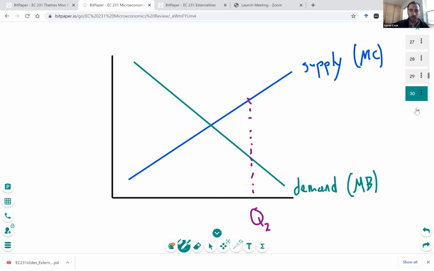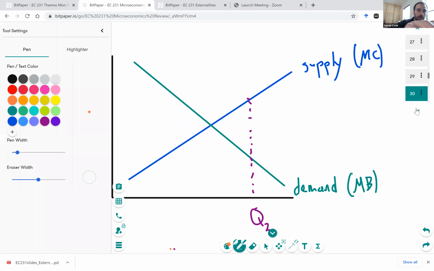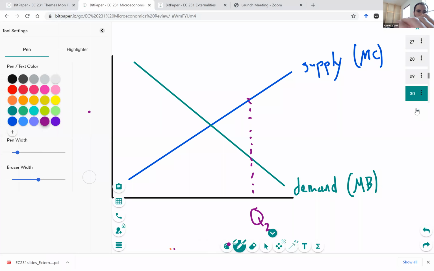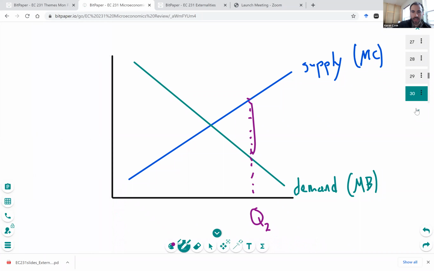Same thing can be true if you've overproduced something. If we have a quantity like Q2 where the marginal cost is a lot higher than the marginal benefits, then you're throwing away resources for each of these units. You're producing something that it costs you more to make than what people are actually willing to pay for. And so if you produce a little bit less, you can reduce that gap between marginal costs and marginal benefits.